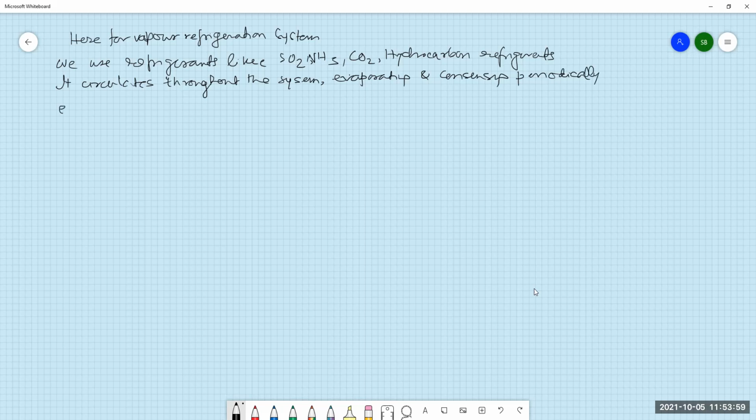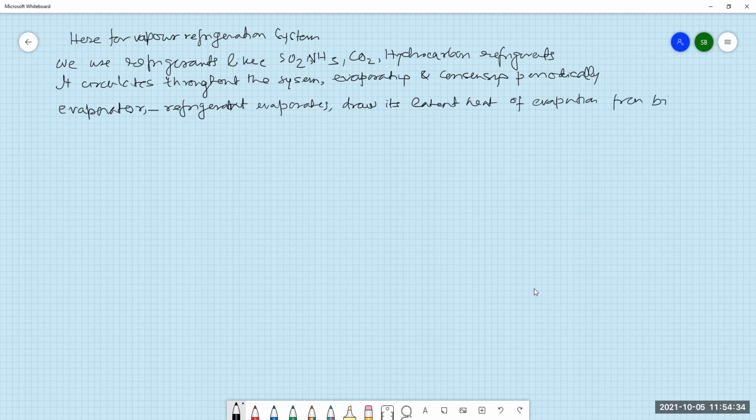In the evaporator, the refrigerant evaporates and draws its latent heat of evaporation from the brine solution, which is just a solution of salt in water, and which is circulated around the refrigerant chamber.